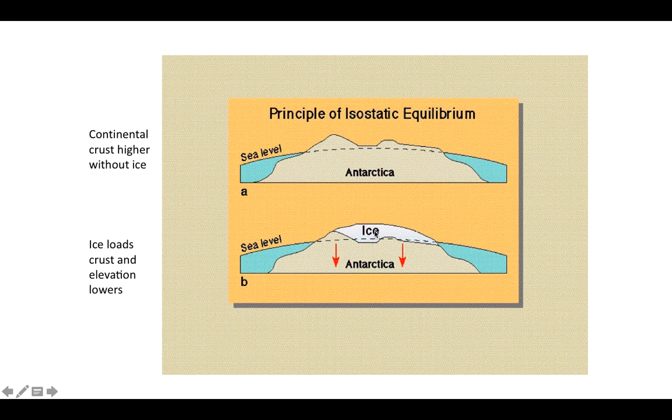I know that's not the most technical term to use, but just imagine it's squishing, right? It's pushing this down. Now, when you have this big heavy thing that's removed, now this lifts up, right? The landmass lifts up.